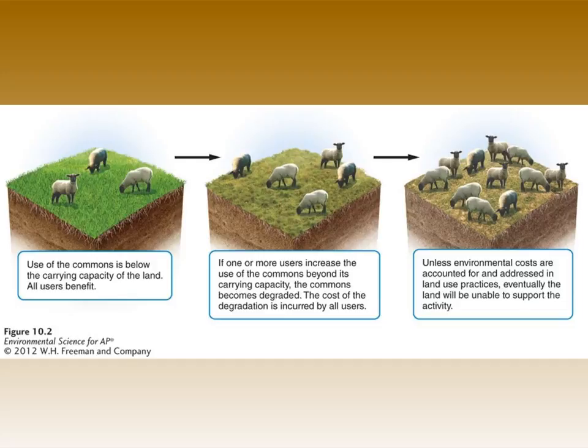The cost of the degradation is incurred by all users. So if one guy overuses it, it hurts everybody. And then finally, unless environmental costs are accounted for and addressed in land use practices, eventually the land will be unable to support the activity. You've put too many on there, and now it's not going to be able to be used anymore as a grassland.